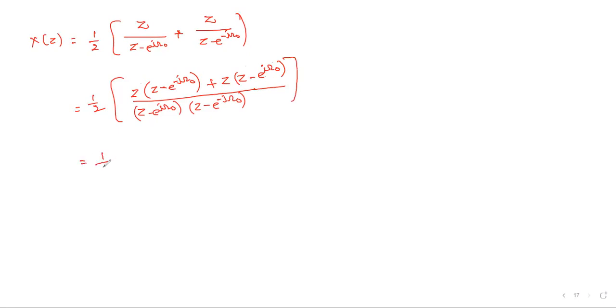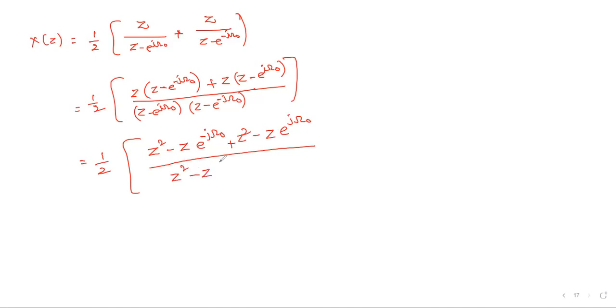Now this will become 1/2 times [z² − z·e^{−jω₀} + z² − z·e^{jω₀}] divided by [z² − z·e^{jω₀} − z·e^{−jω₀} + ...]. Here e^{jω₀} into e^{−jω₀} will become 1.